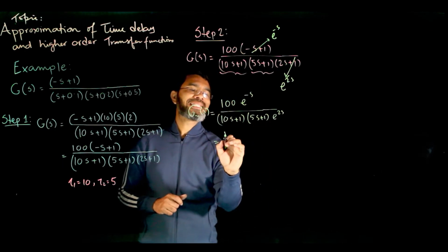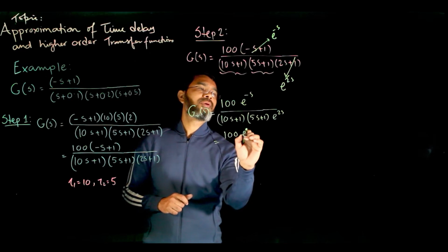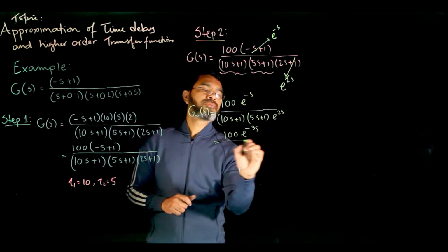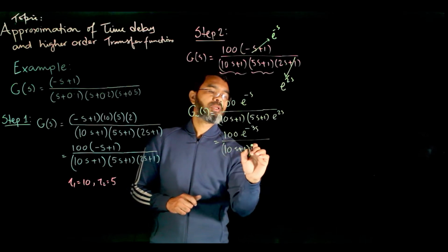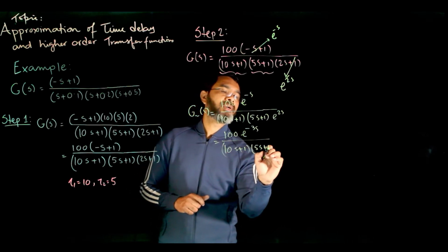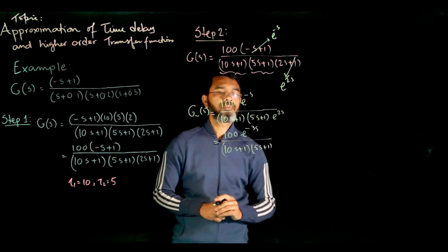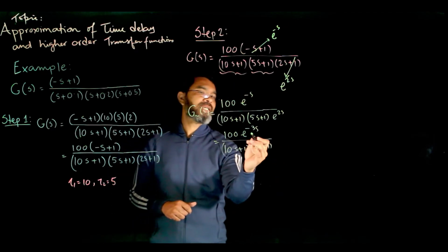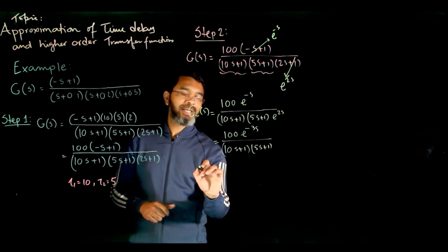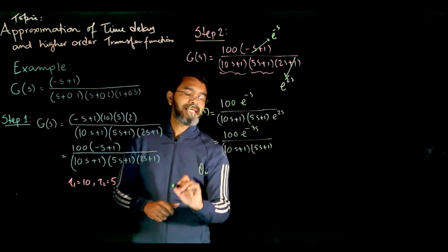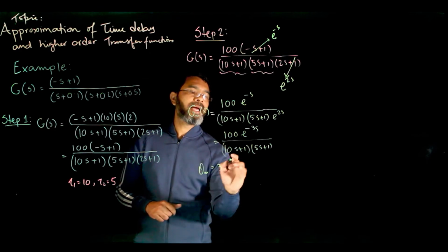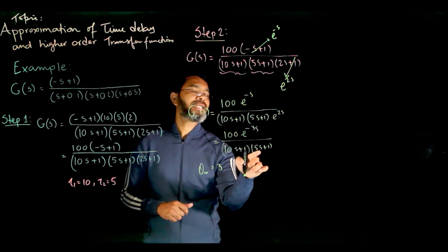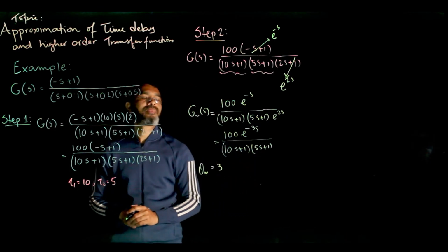So this gives us 100 e to the power negative 3s over 10s plus 1, 5s plus 1. Okay. So now if I express this delay as theta tilde, this is 3, and I have tau 1 equals 10, tau 2 equals 5.